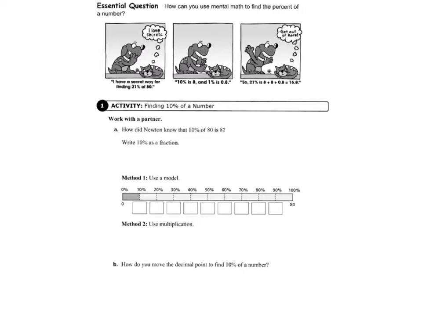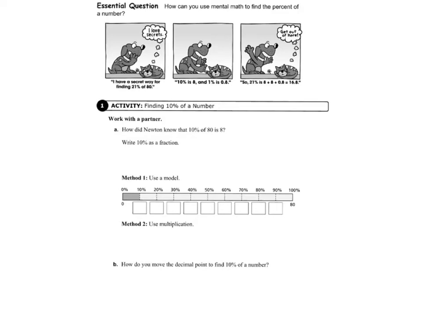And then Newton again says, so 21% is 8 plus 8 plus 8/10. So that equals 16.8, or 16 and 8/10. And then the cat's tired of all this, so he says, get out of here.